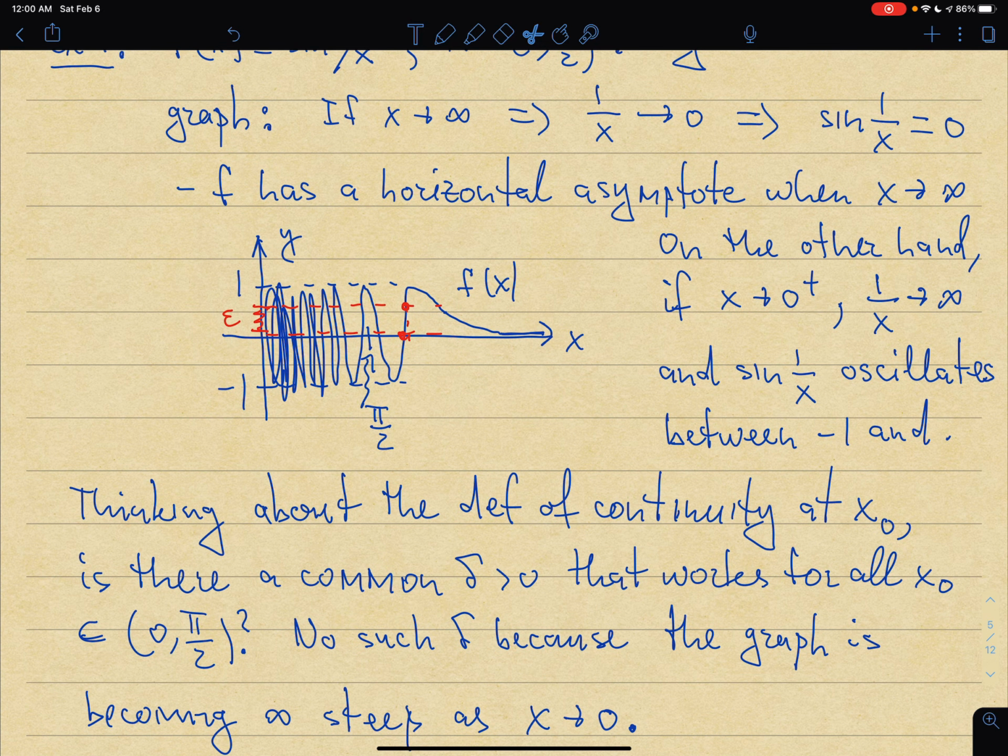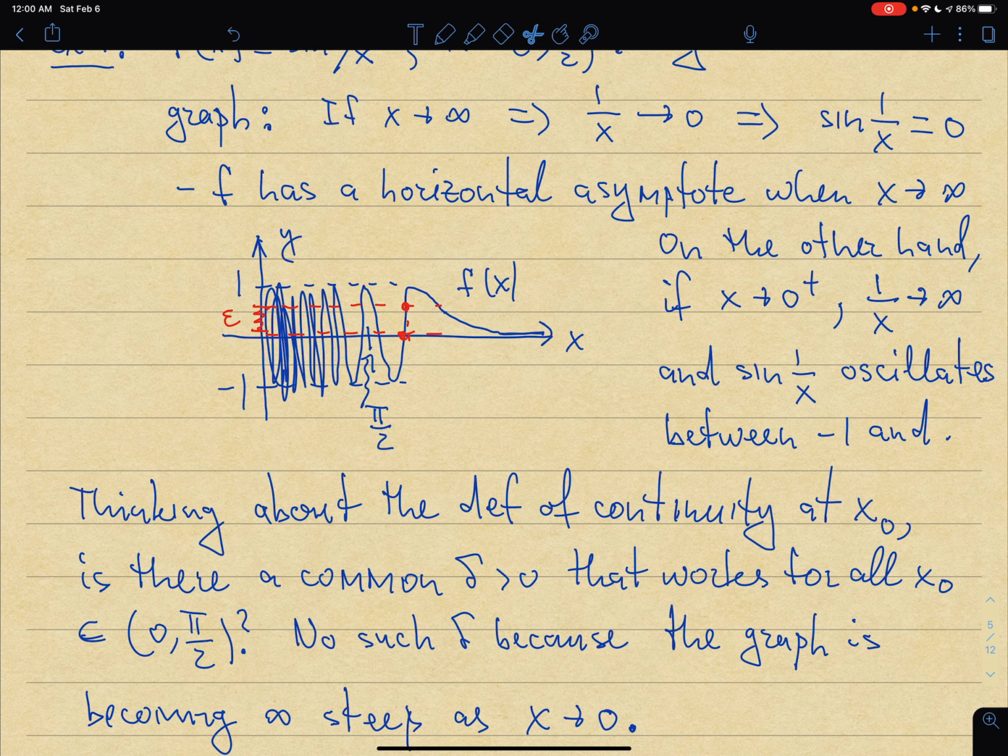How can we do that? Basically, sine oscillates between -1 and 1, and I want to select my sequence xn in such a way that it will go through these values plus and -1. And if a sequence oscillates between plus and -1, then it's not going to converge. So let's see.